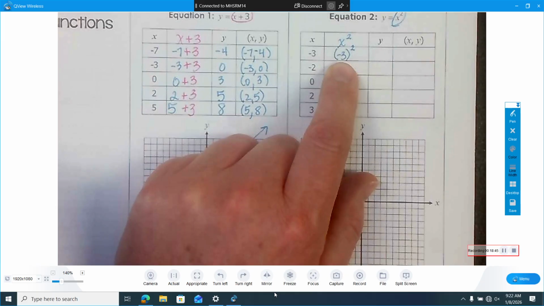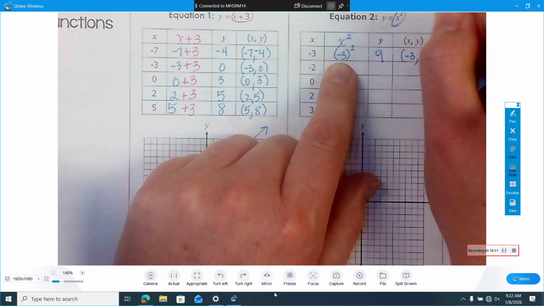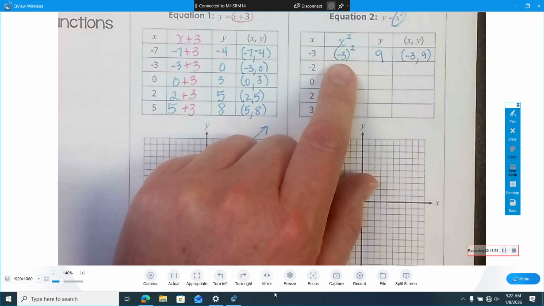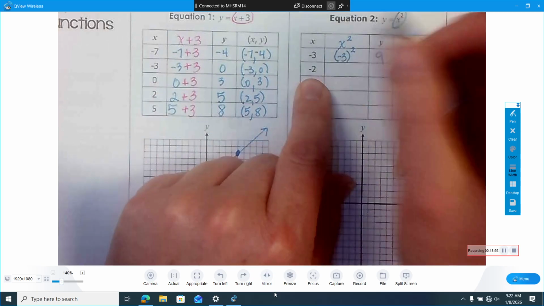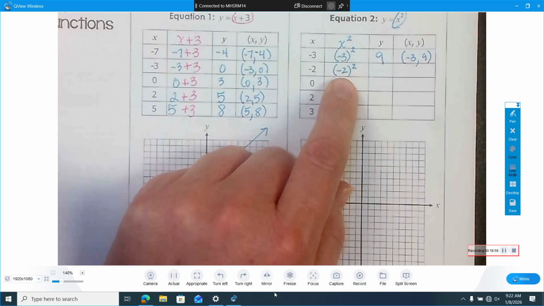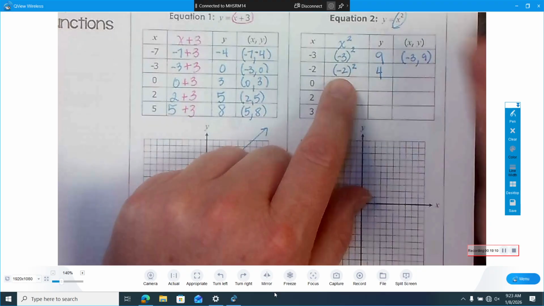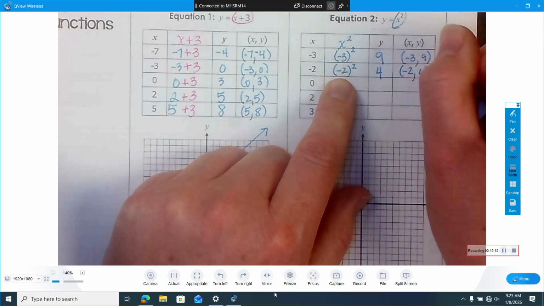Positive 9. -3 times -3 is positive 9. So we get the ordered pair -3, 9. And here we're going to plug in a -2 and we're going to square it. That says, hey, what's -2 repeated 2 times? -4 or positive 4? Positive 4. It's -2 times -2, which is going to give me positive 4. So I have -2, 4.